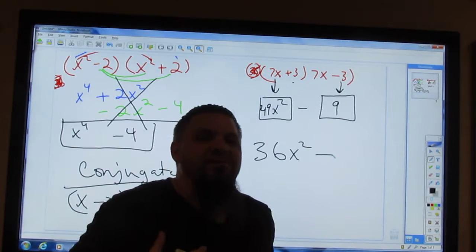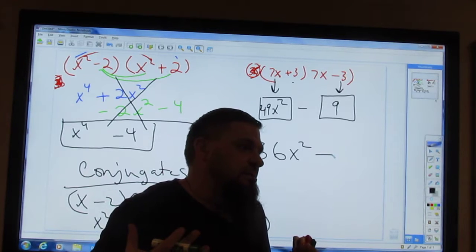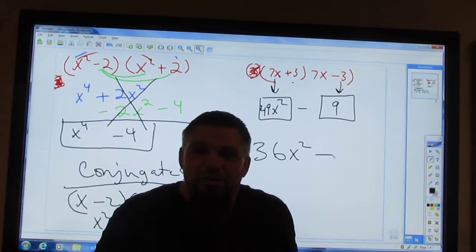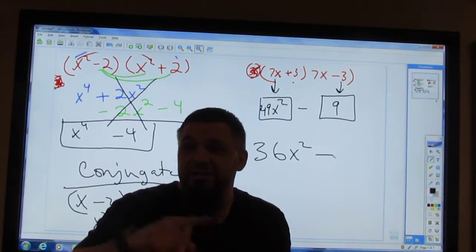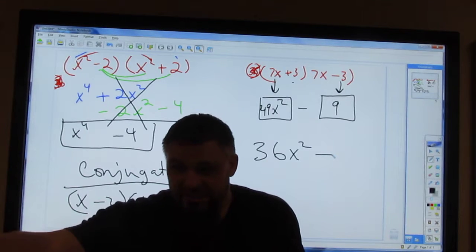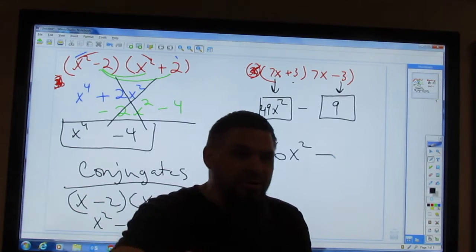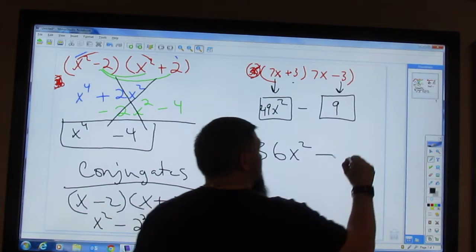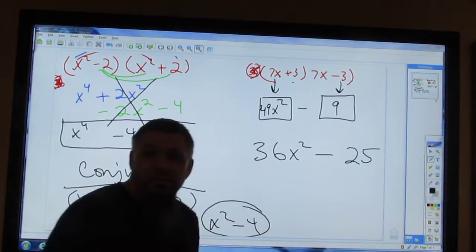My favorite number is 169. Love that number. Also love 196. Those are both perfect squares. 169 is 13 squared. 196 is 14 squared, right? But numbers that you might know is like 5, which is 25, right?